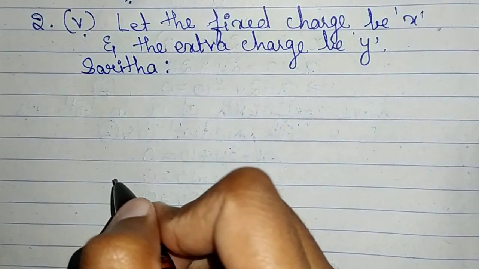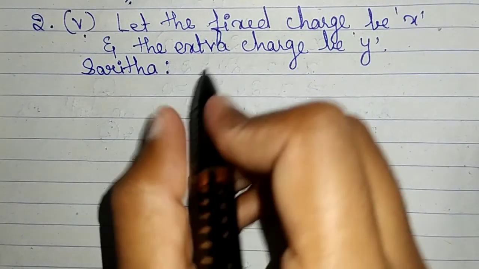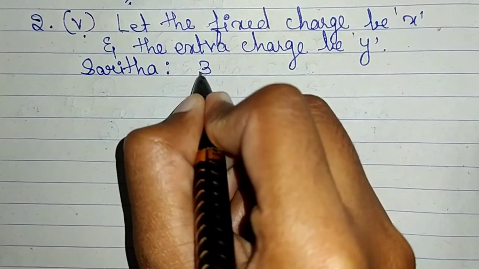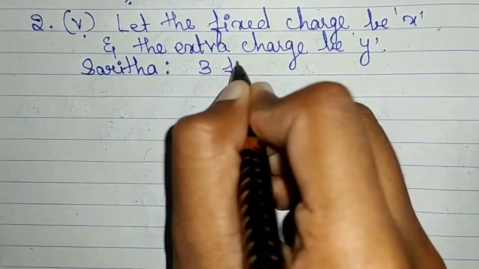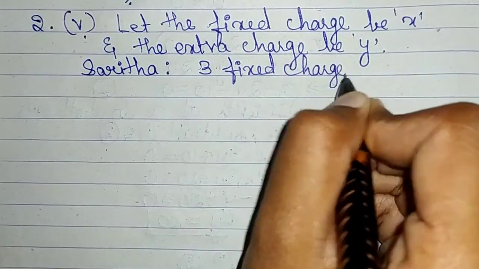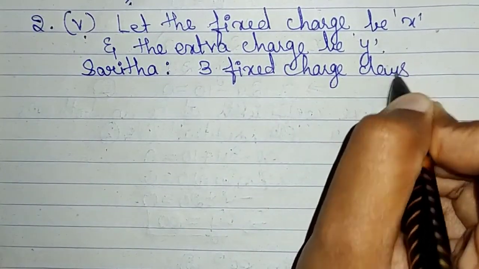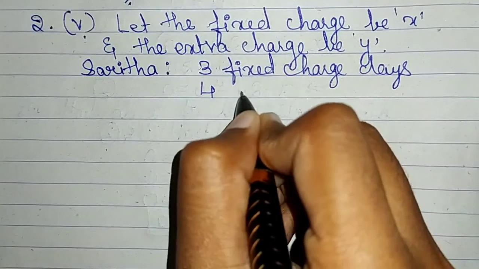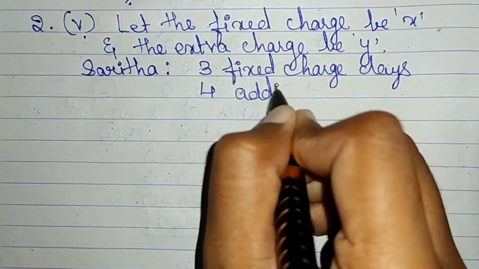She kept the book with herself for 7 days, where the first 3 days she had fixed charge, 3 fixed charge days, and 4 additional charge days, right?